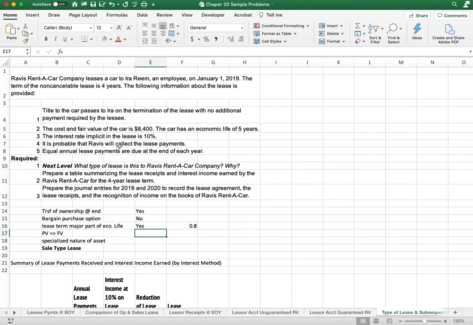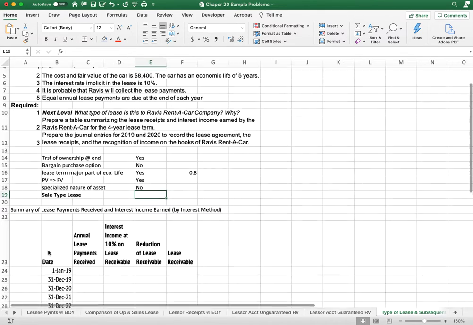It's equal annual lease payments to get us to the $8,400. And so the answer is yes, because $8,400 is 100% of the fair value. And is there a specialized nature of the asset? That's no. So obviously we still end up with a sales type lease.